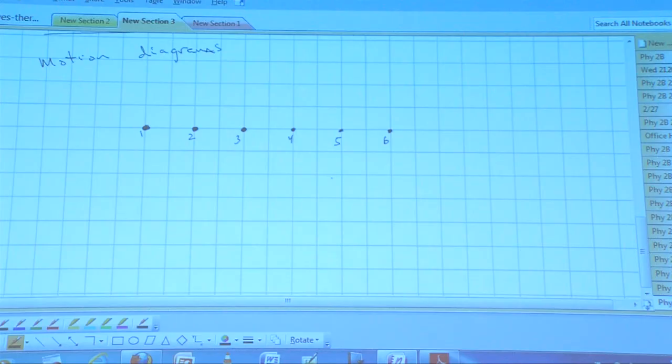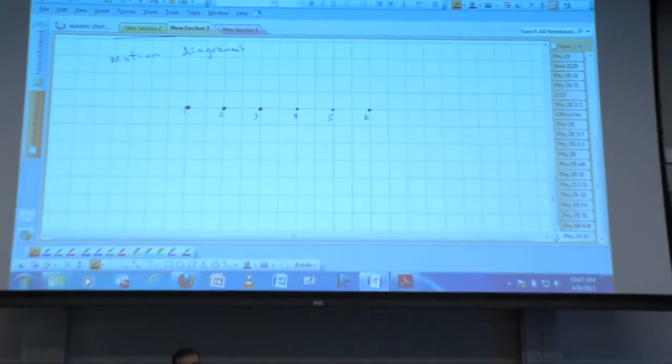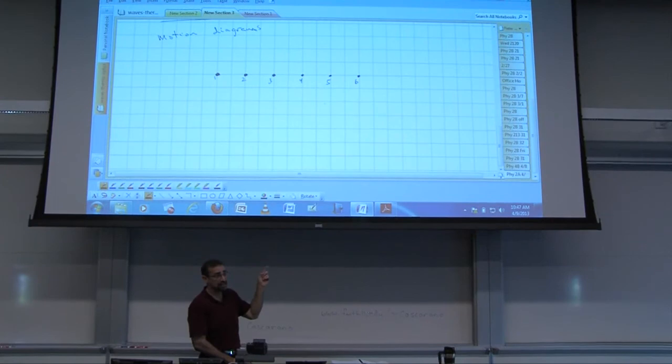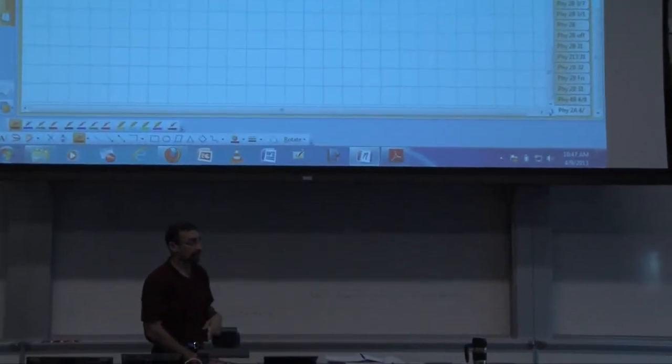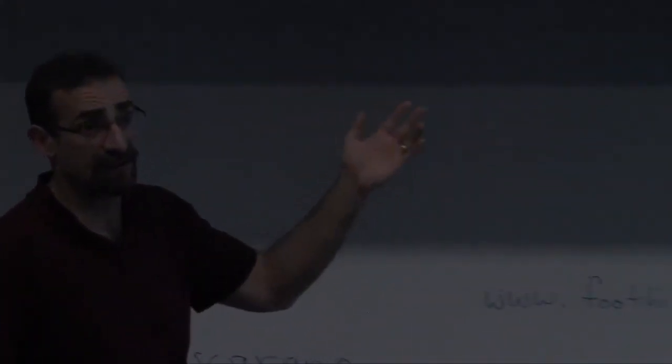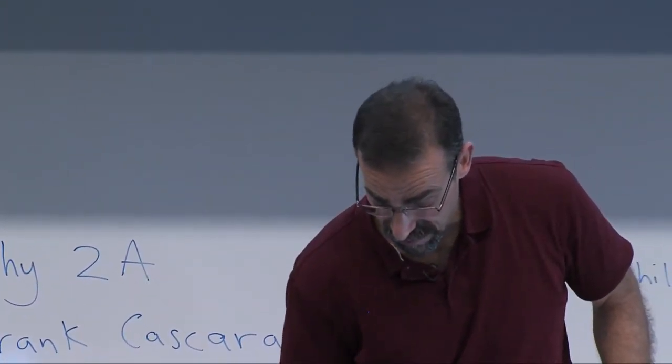The fourth flash, we see it over here. The fifth flash over here, okay? So, what do we know about this object? It's moving with constant speed, and we know that because we know those dots are equal time intervals apart, and they're also equal distance apart. So the distance that this object travels in every time interval is the same. It's not changing. So this is an object moving at constant speed.